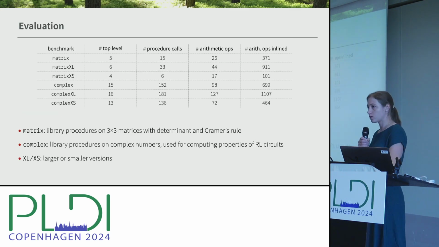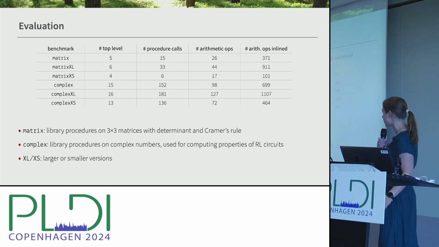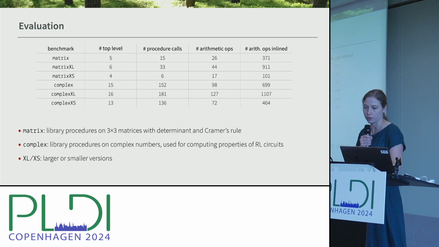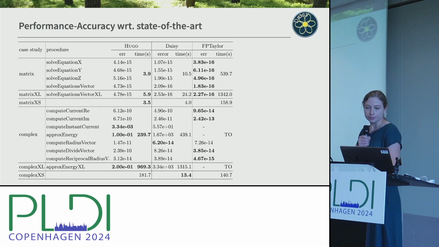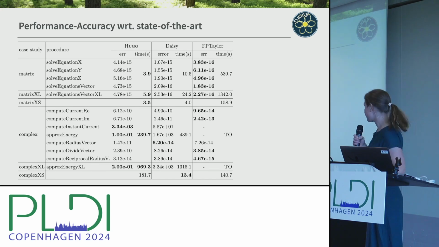There were no existing benchmarks for this, so we made some up with some matrix computation and some complex numbers. So we have a bunch of procedure calls. Obviously this approach is only useful if you have many procedure calls, because otherwise there's too much overhead of computing the error specs. Okay, that's the copy table from the paper, but let me give you the highlights.